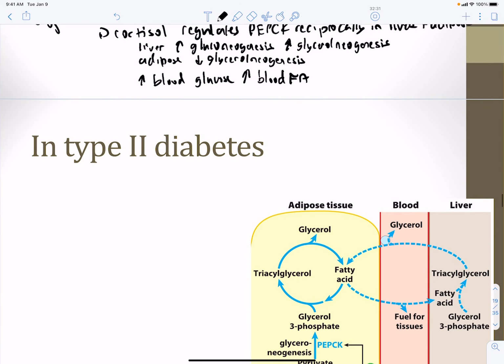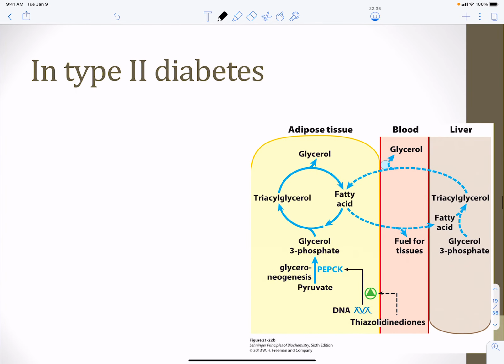Okay, so now when you have an individual with type 2 diabetes, this is potentially a target for controlling the release of fats and the use of sugars. So there are drugs, and it's a class of drugs.